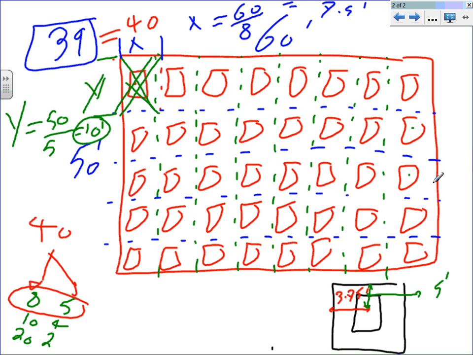So I want you guys to keep this one for next week when we lay out the fixtures. We're going to treat the room as a rectangle or square, even if it's not. We drop our design on it and modify, get rid of certain fixtures. Otherwise, if you don't do it this way, it's trial and error.